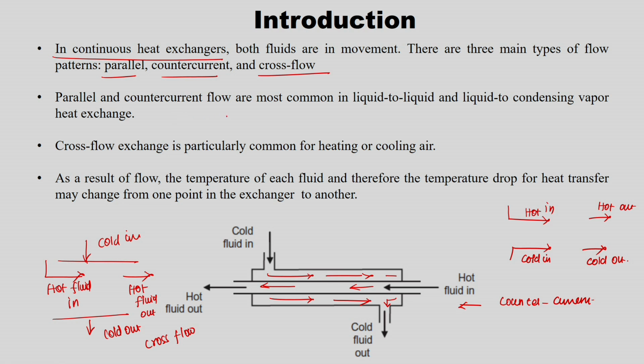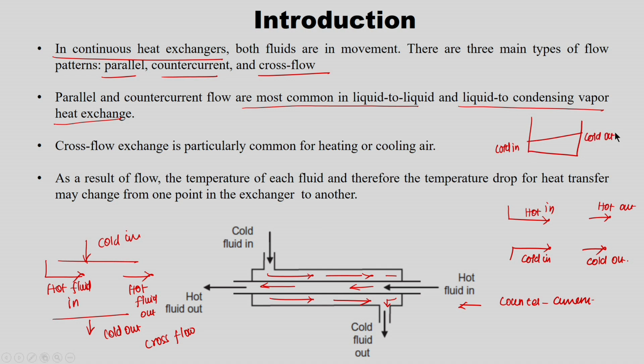Parallel and counter flow are most common in liquid to liquid as well as liquid to condensing vapor heat exchange. Condensing vapor is nothing but using the phase change heat to heat the liquid. For example, when heating food material, most of the time we have seen the heating medium is steam. So this is cold fluid in and cold fluid out.